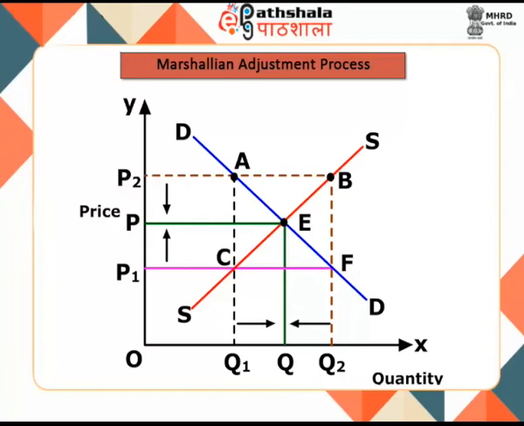This will induce producers to decrease the supply, which will lead to an increase in price, and that again leads to increased supply, as a result of which equilibrium will be restored at the initial equilibrium point E.